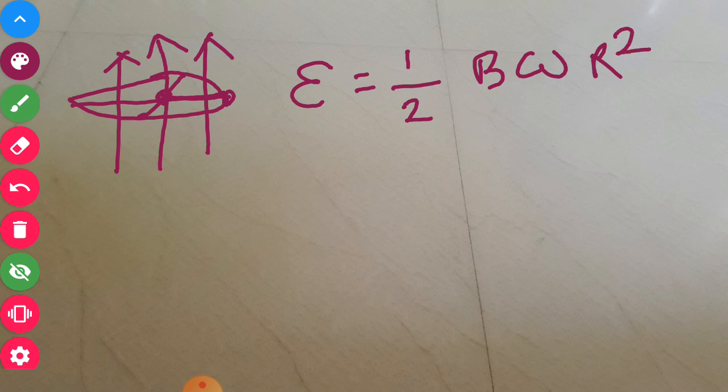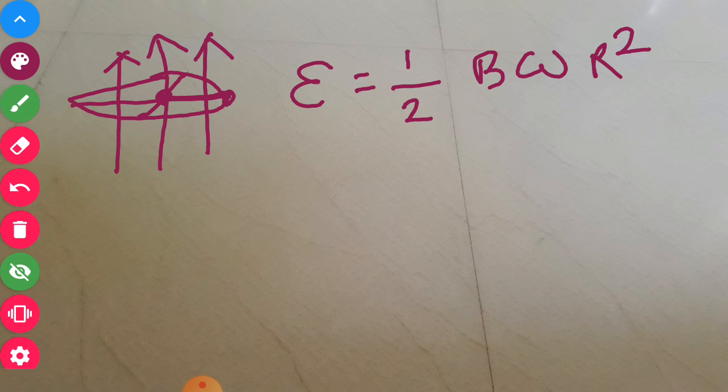Now see, the value of this electromotive force is given by the formula 1 by 2 B omega r square, where r is the radius or the length of this rod.